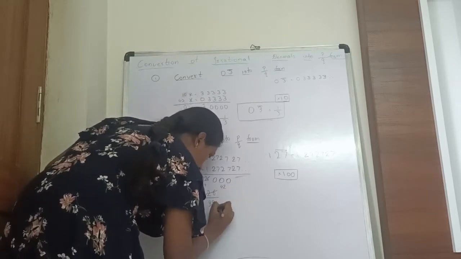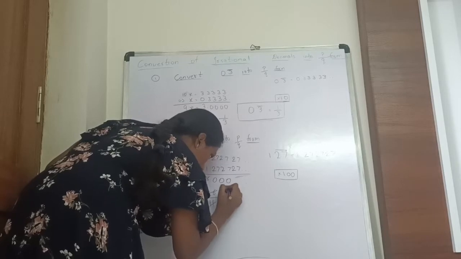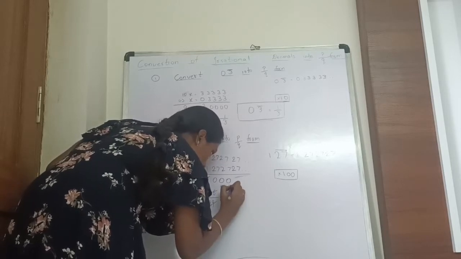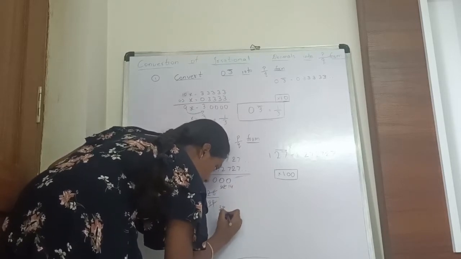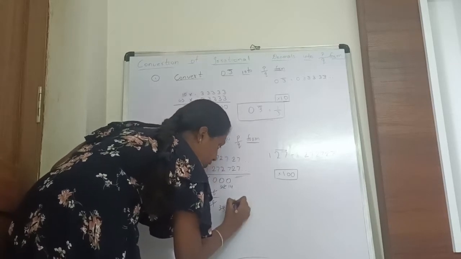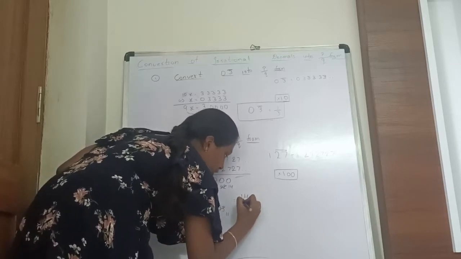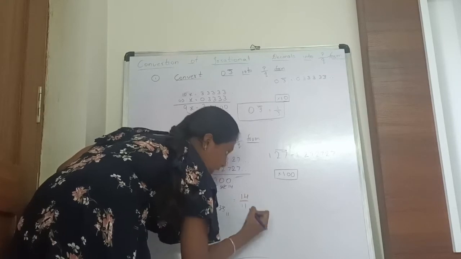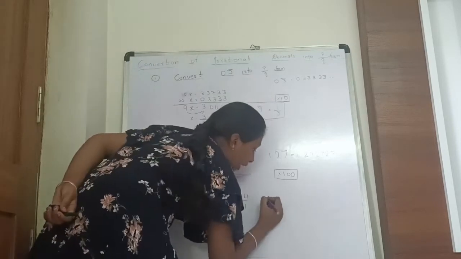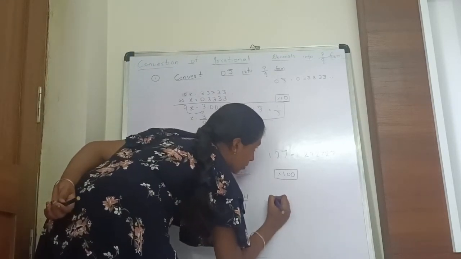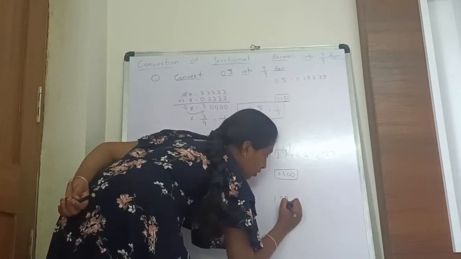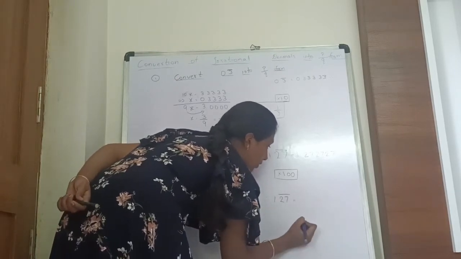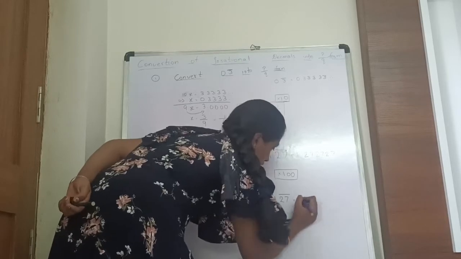Again this is going to be 14 and this is going to be 11. So the answer is 14 by 11. So that means 1.27 bar equals 14 by 11.